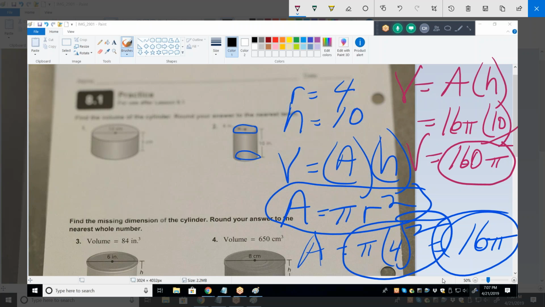Now put that into your calculator and tell me what it rounds off to. Tell me first of all what it is out to 2 digits, and then we'll have you practice rounding it off. Multiply 160 times pi. Do you have a pi key on your calculator?